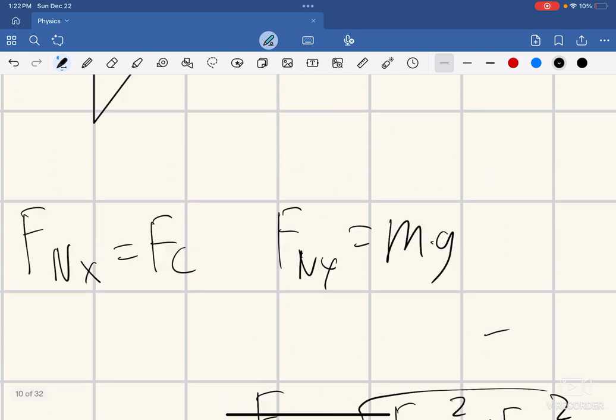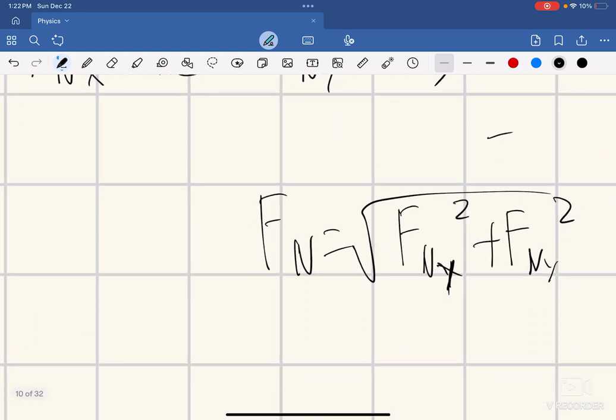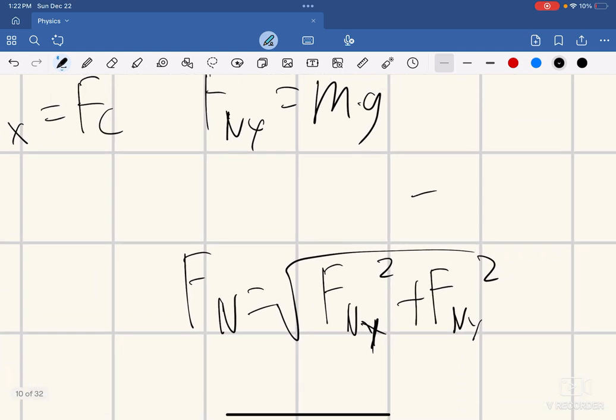This is because Fn, as you can see, is given by the components Fnx and Fny, and that makes a right triangle, and therefore we can just use the Pythagorean theorem: c squared is equal to a squared plus b squared, where c is Fn, and a and b are Fnx and Fny.